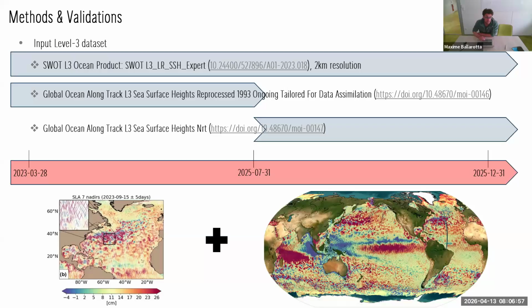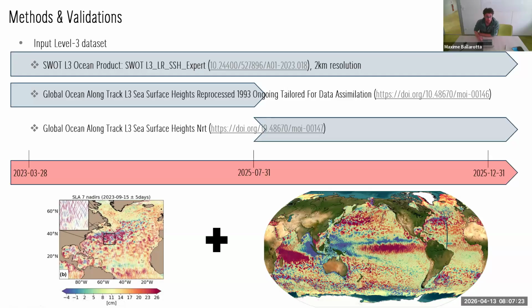For the nadir altimetry product, we combine both the delayed time product, the second line, and the near real-time product, since the delayed time product was not available after mid-2025.